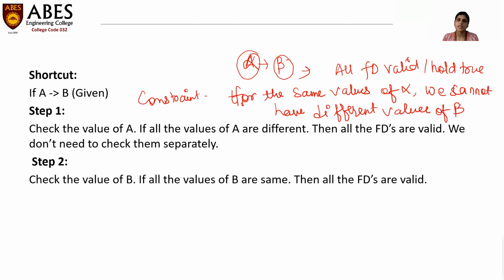Or we can say that for the same values of alpha, we should always have the same value of beta as well. So if the values of alpha are unique, it does not depend on beta. We need not check the values of beta. We can clearly say that all the functional dependencies given in the table are valid.